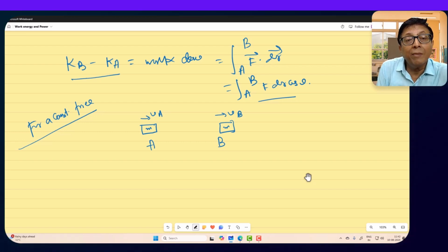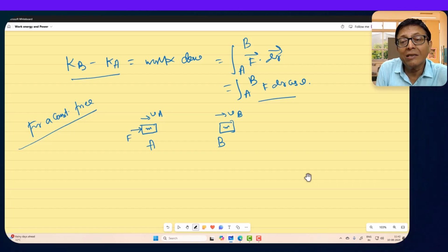So work done will be the change of kinetic energy. If the force acts in this manner, we assume that the force will increase the kinetic energy. So work done, this distance you have taken from A to B, S.